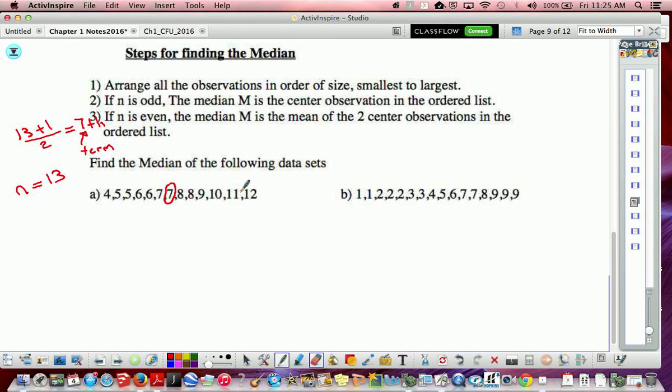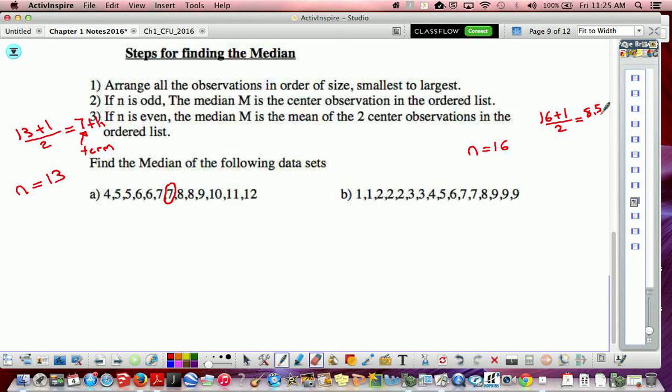When I do the second set of data, how many data points do I have here? 1, 2, 3, 4, 5, 6, 7, 8, 9, 10, 11, 12, 13, 14, 15, 16. So n equals 16. If I use this formula and go 16 plus 1 divided by 2, you might be going, well, it's 8.5. How can it be the 8.5 data point?